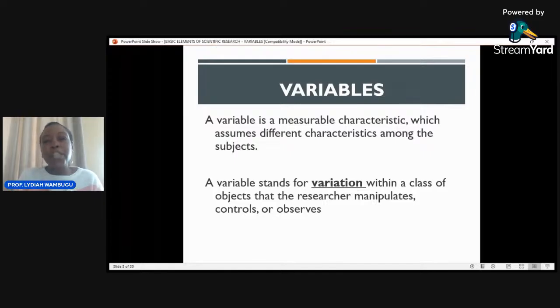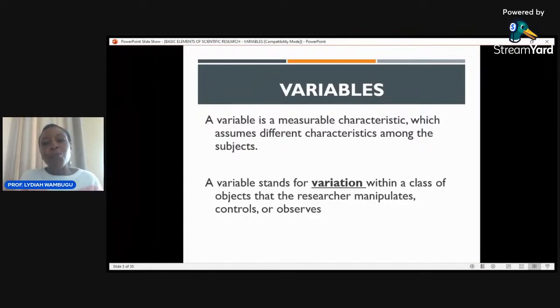If I say this is Samsung S24, this is Samsung A8, this is Samsung A53, again, the brand is Samsung, but there is variation, then that is a variable. If I say in this class there are males and females, then gender, in this case, is a variable. In research, we define variables for what they are supposed to be used for.